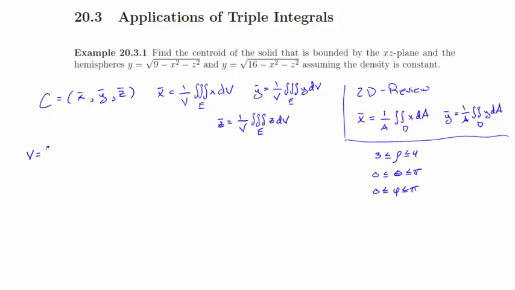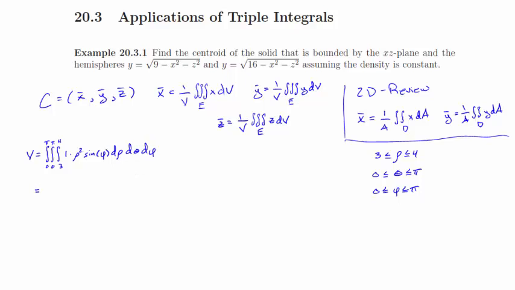The volume is going to be the triple integral, then from 3 to 4 in the rho direction, 0 to pi in both the phi and theta directions. If we're doing a volume, then our inside is just 1, but then we have times rho squared sine of phi d rho d theta d phi.